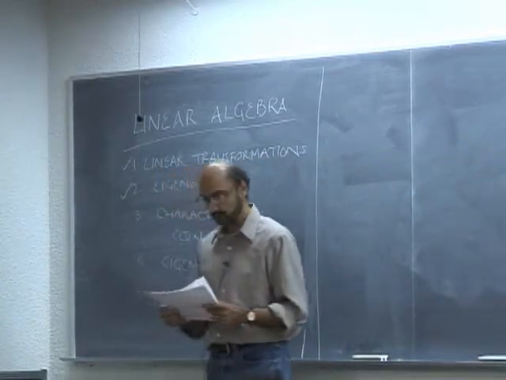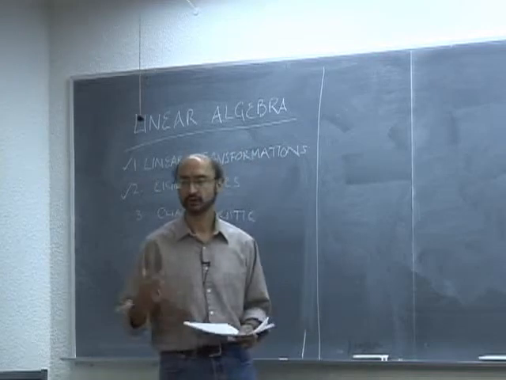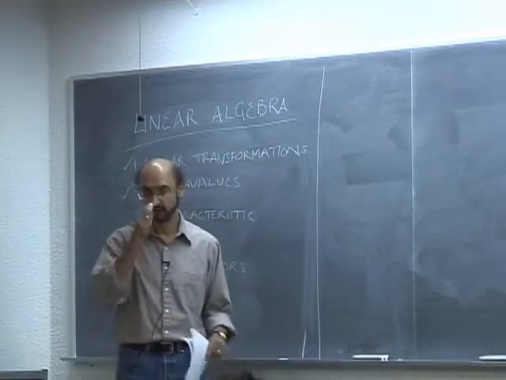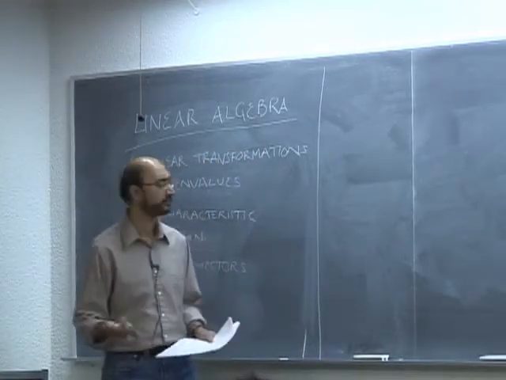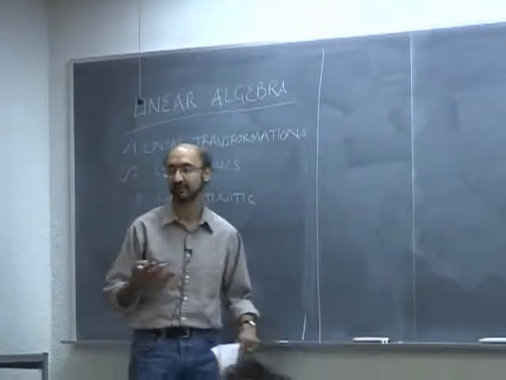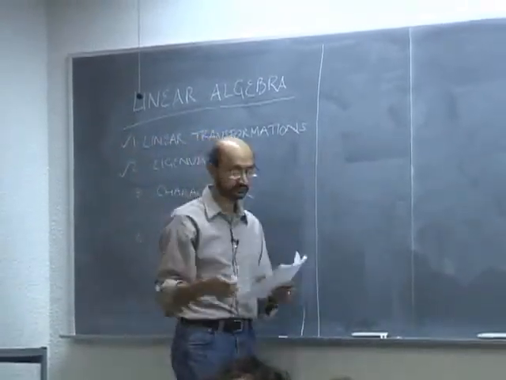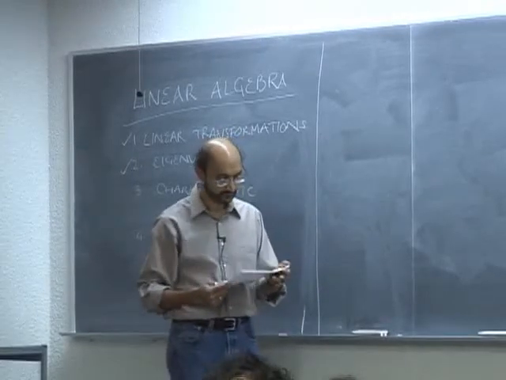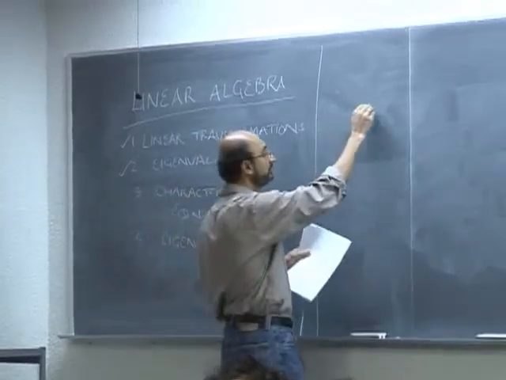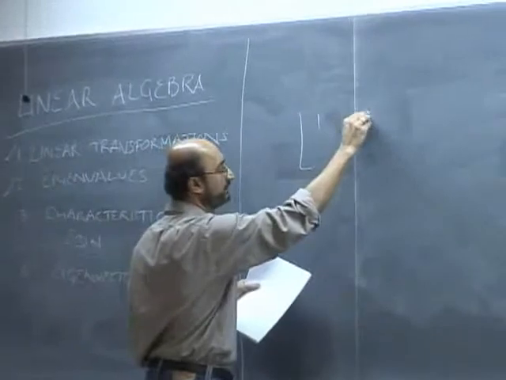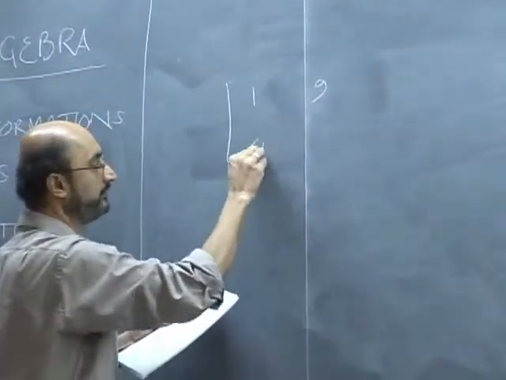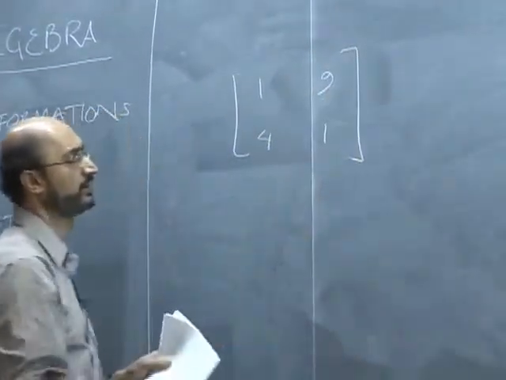I talked about how to compute the eigenvalues for a very simple transformation, which was the scaling by 2, which was 2 0 0 2, and then the other one. So let's look at the transformation for this matrix. Compute the eigenvalues for this matrix 1 9 4 1, which was the homework problem.